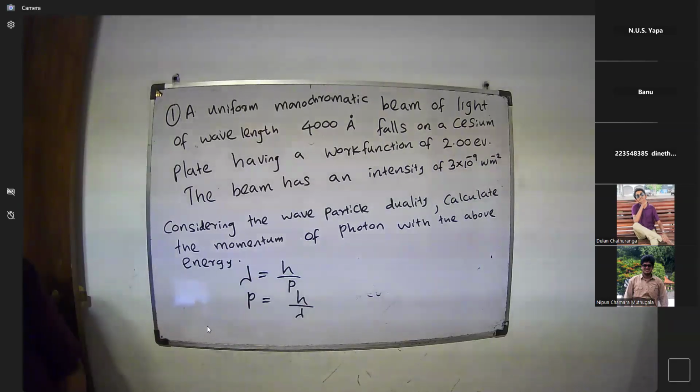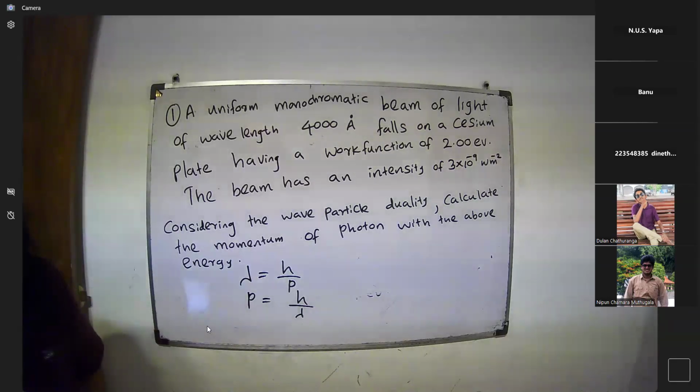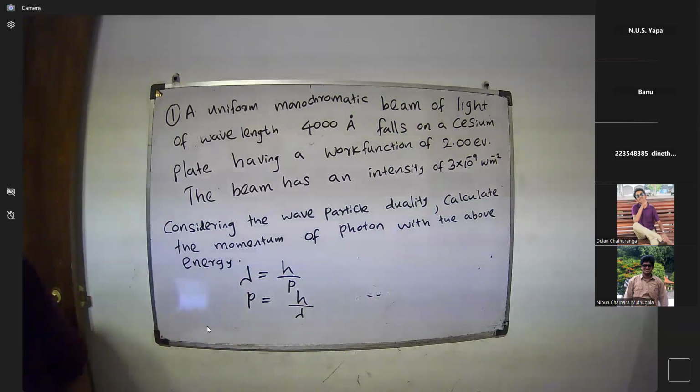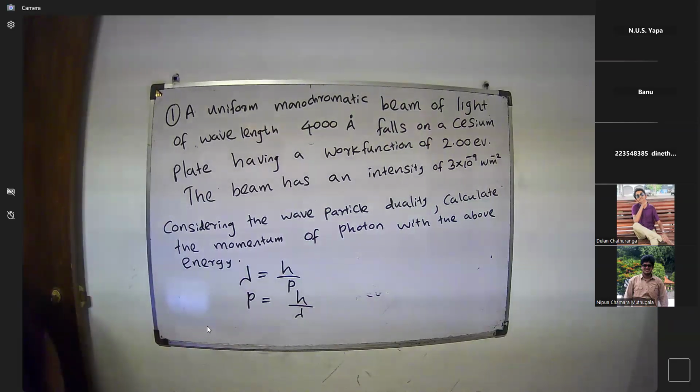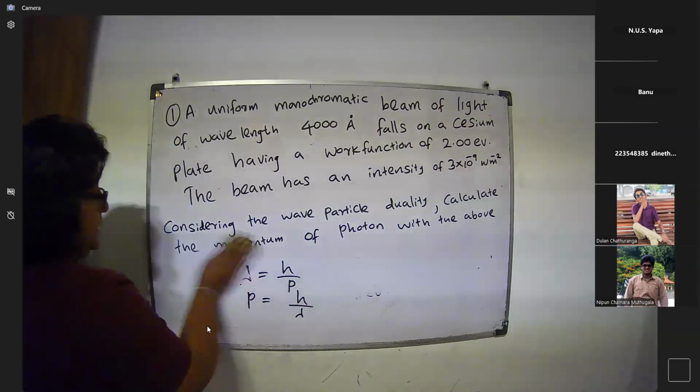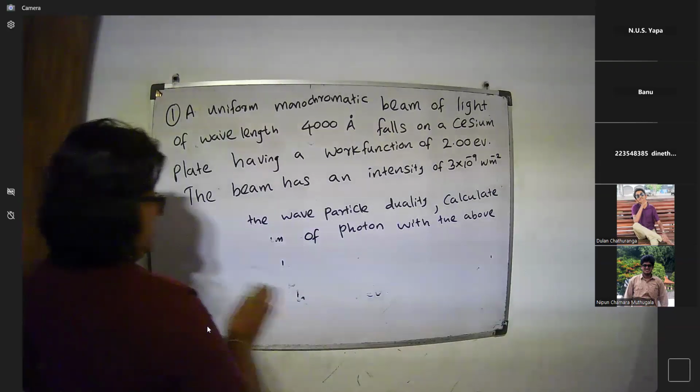Okay. Then the third question asks: calculate the number of emitted photoelectrons in a unit time per unit area. Same question we discussed in the morning, no?